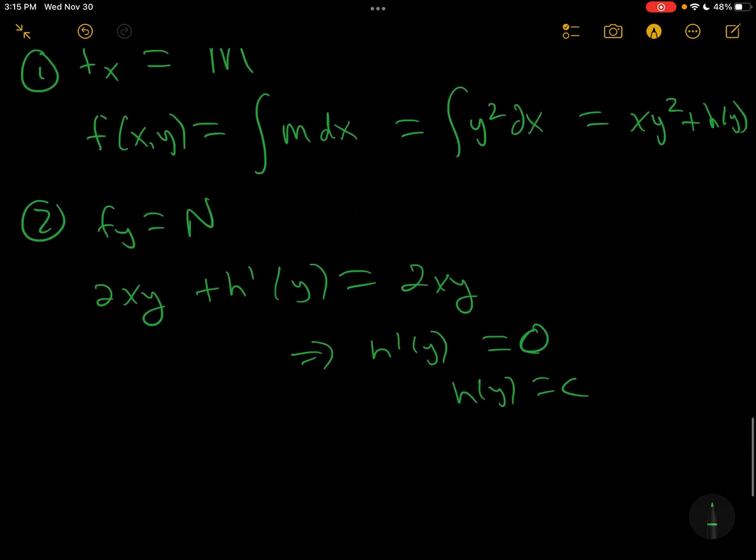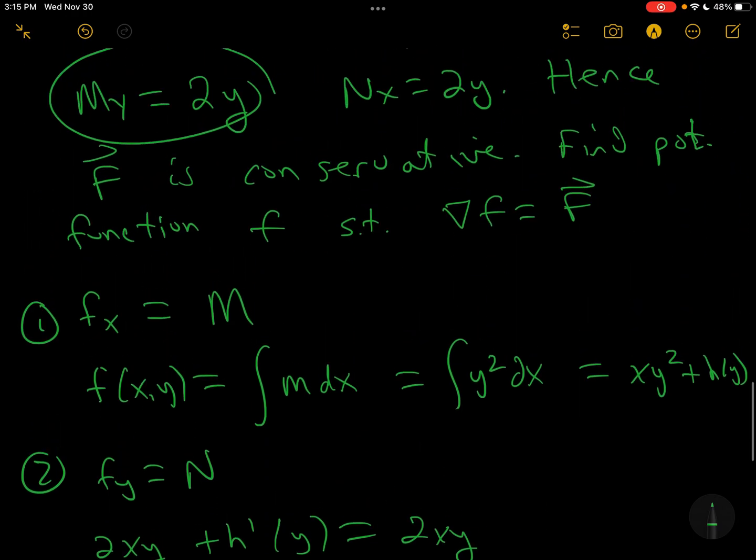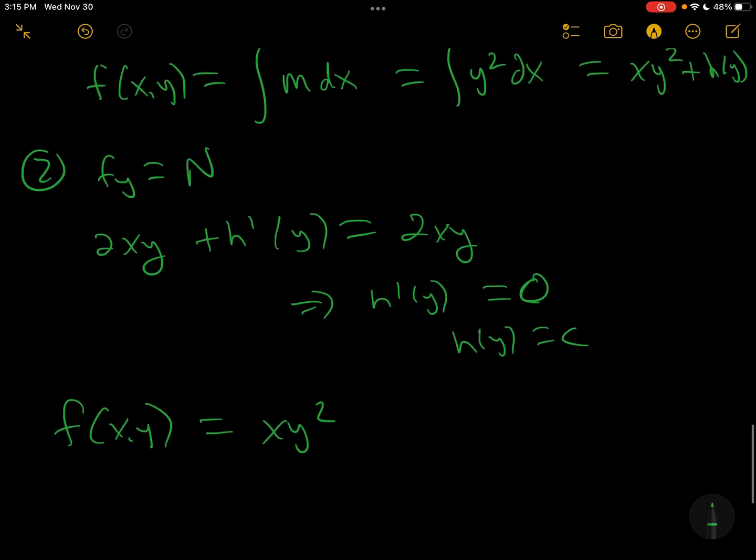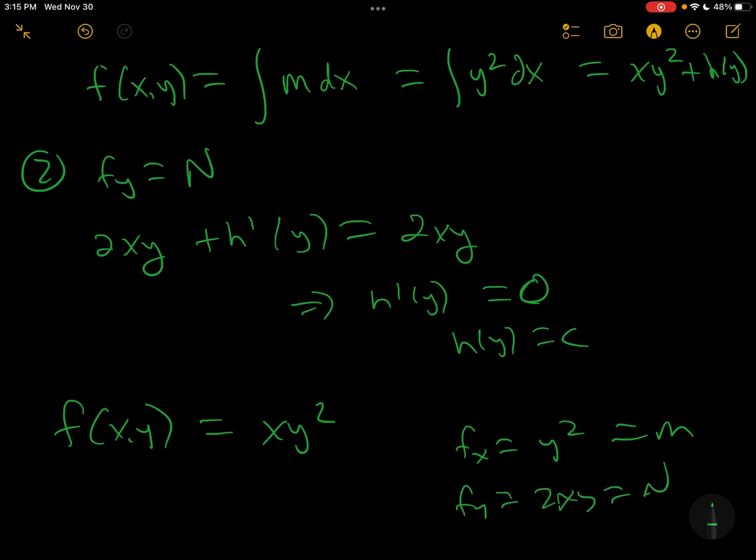So here's my function. I'll ignore the constant. Right? So if this is my function, f sub x is y squared, that equals m. F sub y is 2xy, and that equals n. Okay?